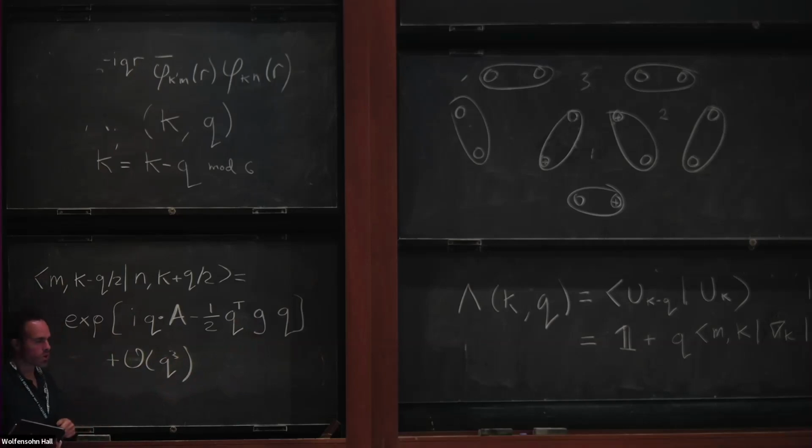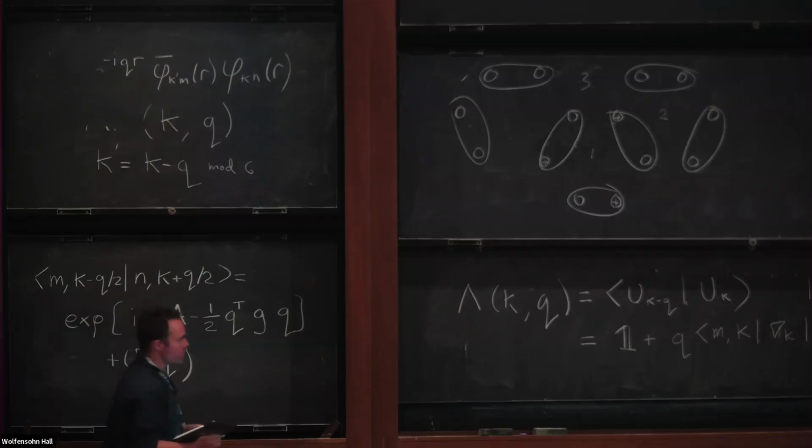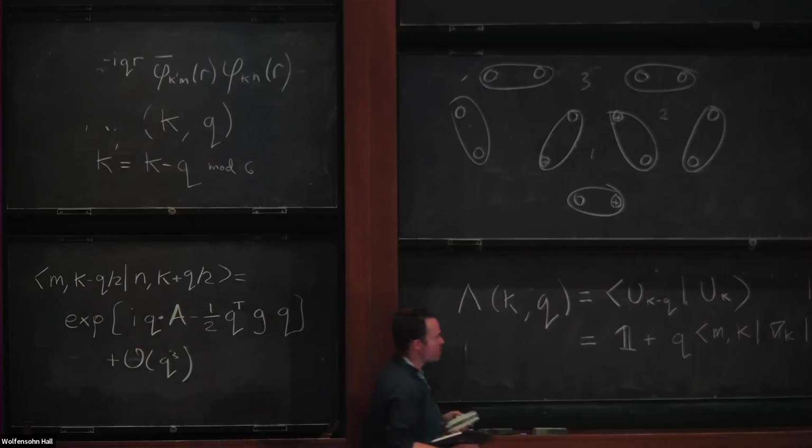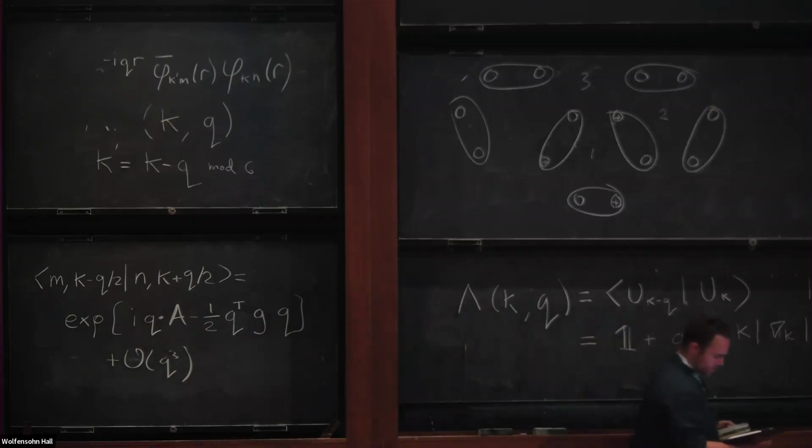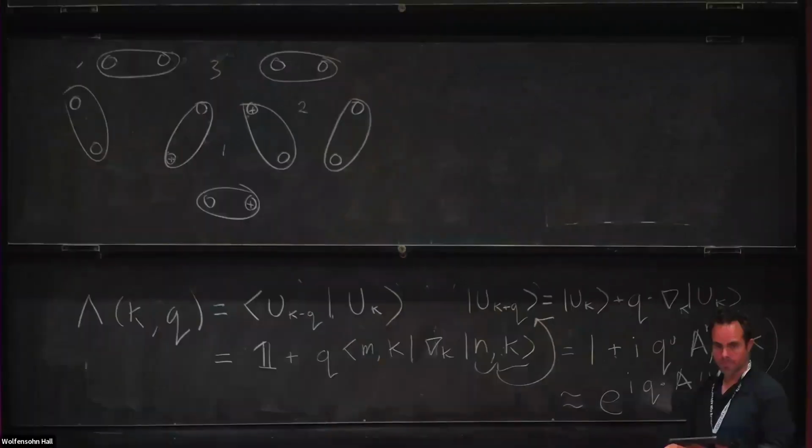In principle, you could cook up very perverse wave functions where it starts out decaying as a Gaussian and then becomes large again later, but it doesn't tend to show up if you look at realistic band structures. Okay, so to lowest order, the form factor is given entirely in terms of the band topology and quantum geometry. Any questions about that?